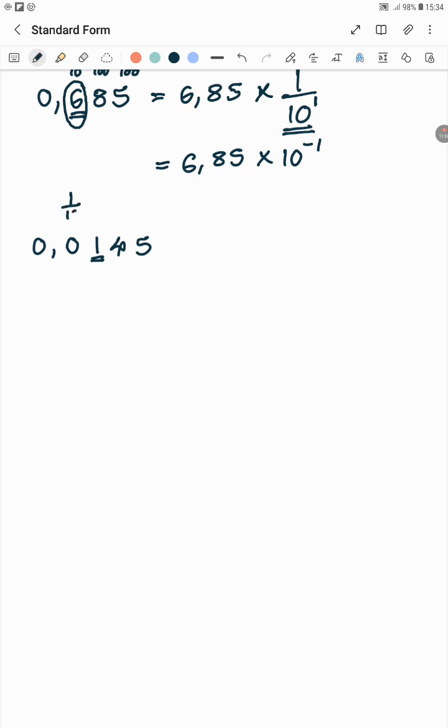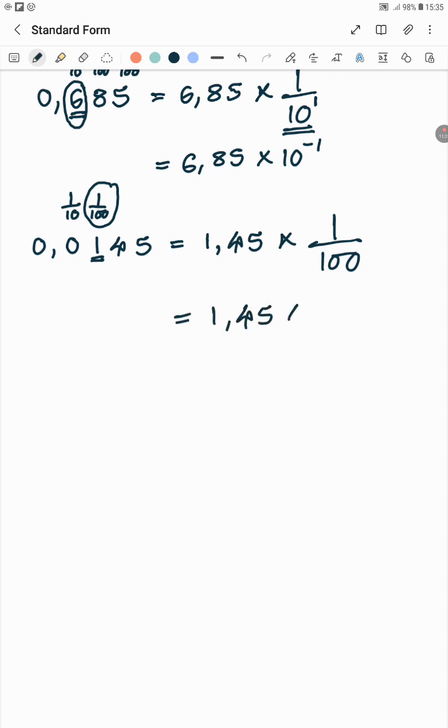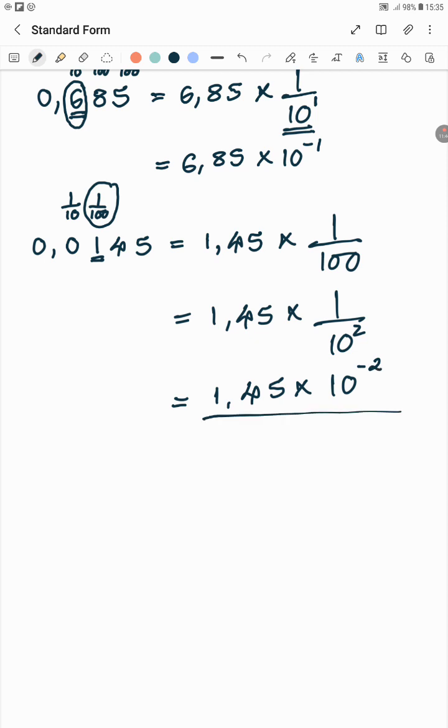This falls under 1 over 10, and this one falls under 1 over 100. So what it means is we're going to say 1,45. And what determines what we are multiplying with is this place value, which is 1 over 100, which is called 100th, right? So now this is the same as 1,45 times 1 over 10 to the power 2. And to find the reciprocal of 1 over 10 to the power 2, you change the power to negative, and your answer is 1,45 times 10 to the power minus 2.